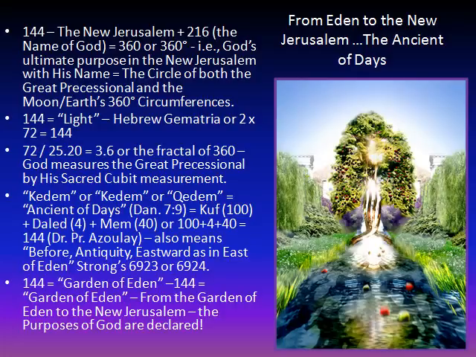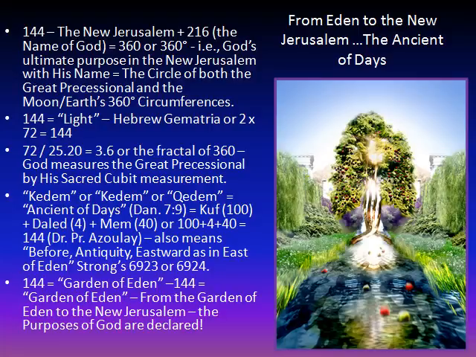144, the number of the New Jerusalem, plus 216, the name of God, is equal to 360, or 360 degrees. That is, God's ultimate purpose in the New Jerusalem with his name, the circle of both the great precessional and the moon, Earth's 360-degree circumference. 144 also is equal to light from the Hebrew gematria, or 2 times 72 is equal to 144.